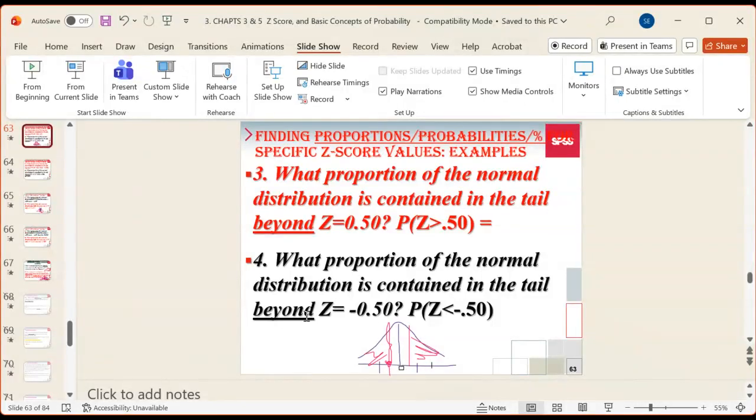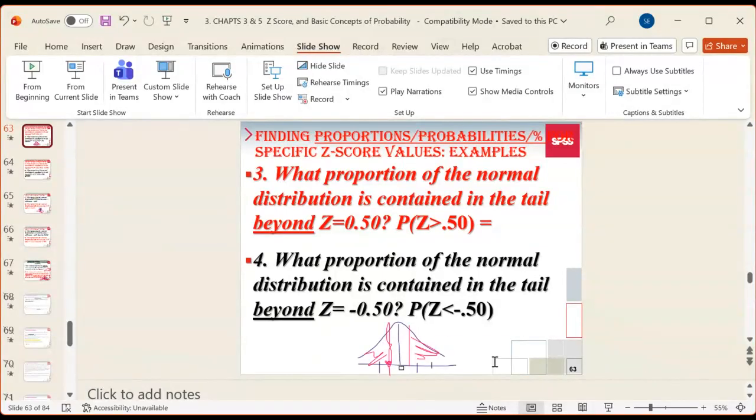And then again, the next one says if z is negative 0.5, so the red line to the left side of the mean. And then again, same thing, beyond means as far as you can go in that area to the left. So to make a long story short, as you can see also visually, it's the same distance. So either way, you go look for the critical value for the tail when the z is 0.5.